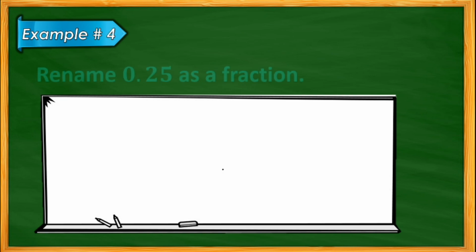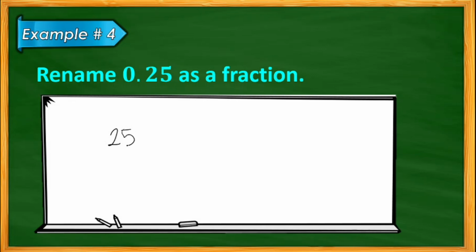Okay, next. 0.25. So 25 is the numerator, and the denominator is in the hundredths place because we have two decimal places. Count the number of decimal places and replace it by 0. So then, simplify your answer if possible. The common factor of 25 and 100 is 5. 25 divided by 5, the answer is 5. 100 divided by 5, the answer is 20.